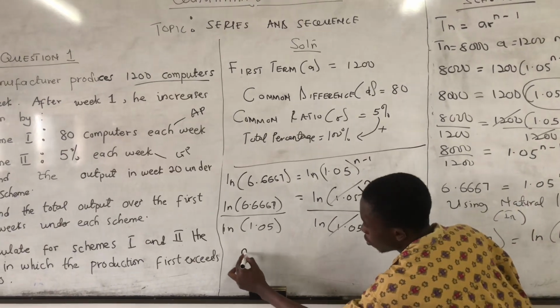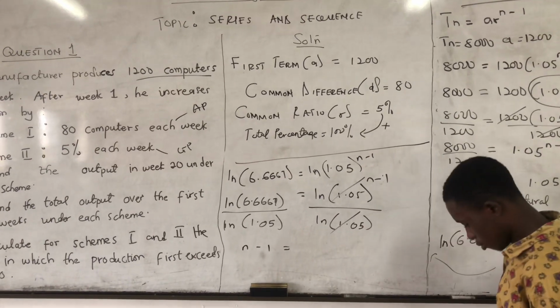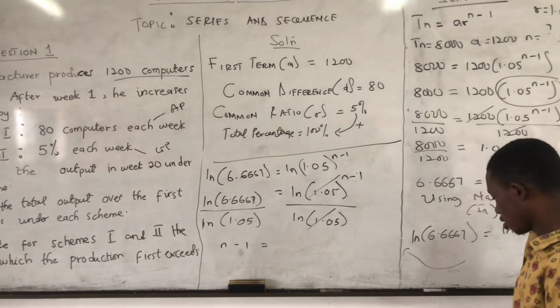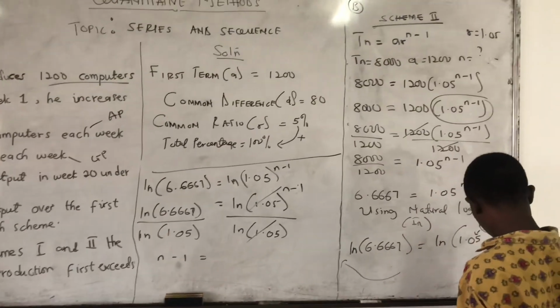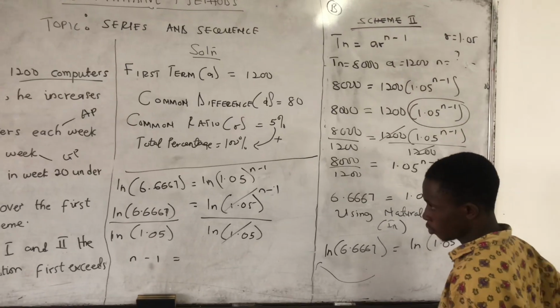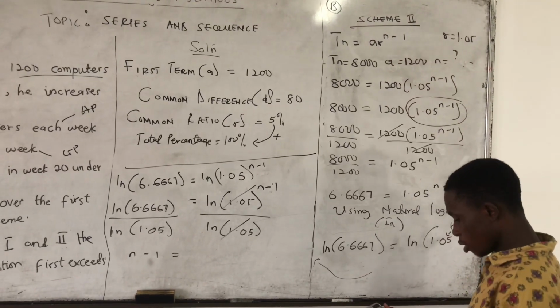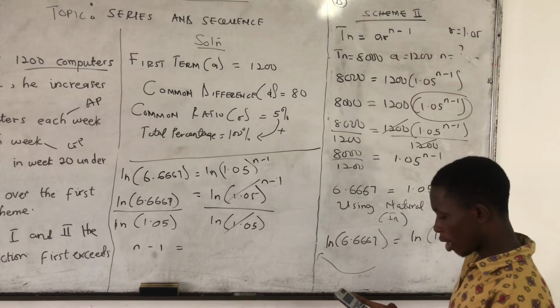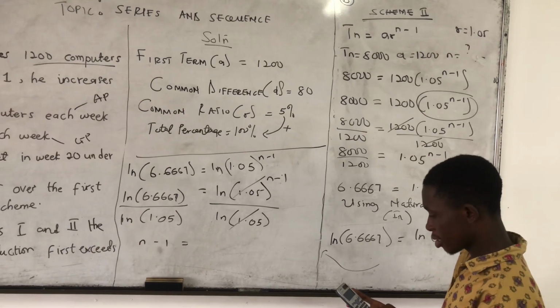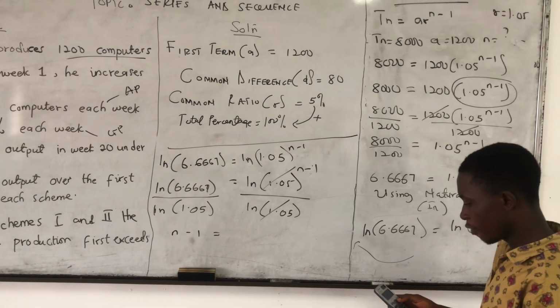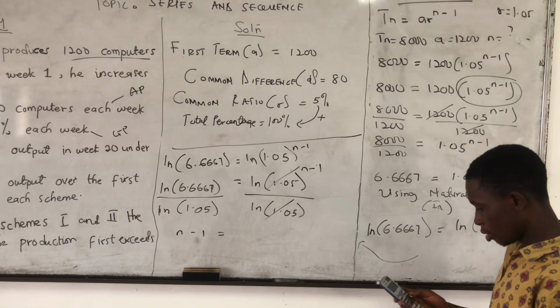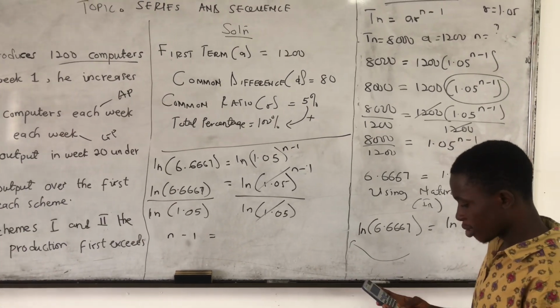You have n minus 1 is equal to, let me do it, ln of 6.6667 divided by ln of 1.05.